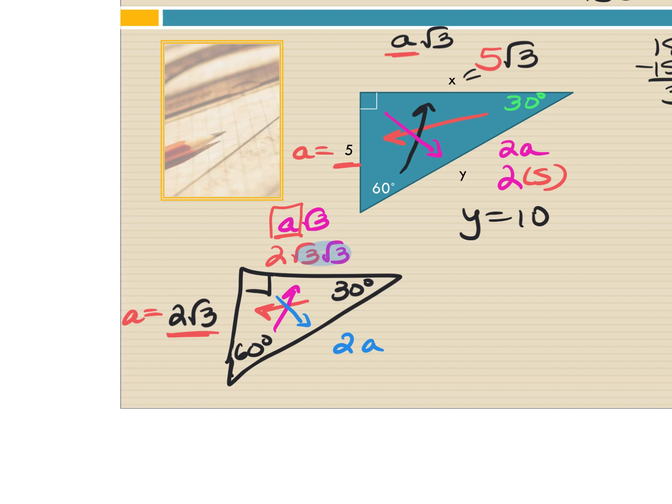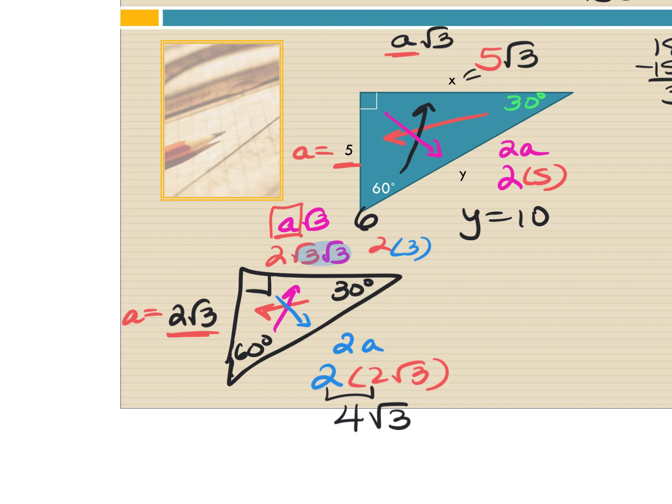So this side is actually going to be 2 times 3, and this side length is going to be 6. Over here, 2 times A, well, A was 2 square root 3. Multiply the 2 outsides, and the hypotenuse is 4 square root 3.